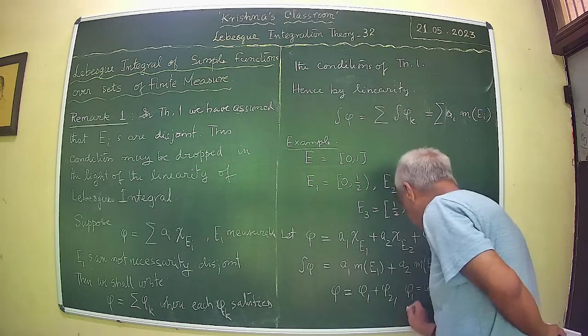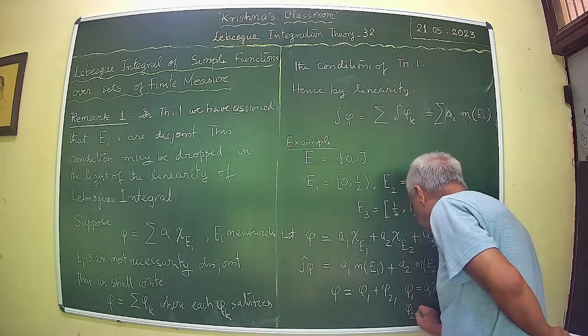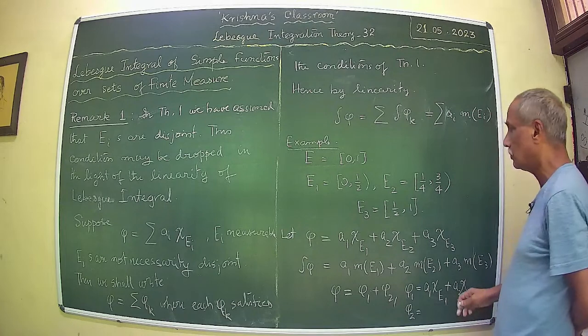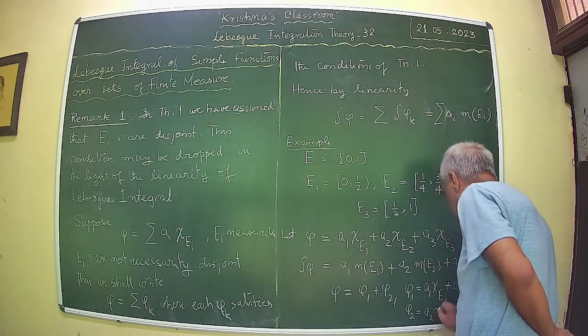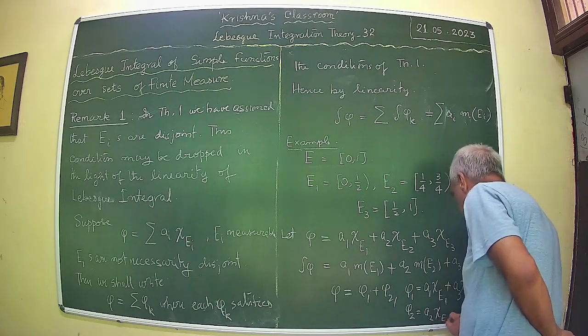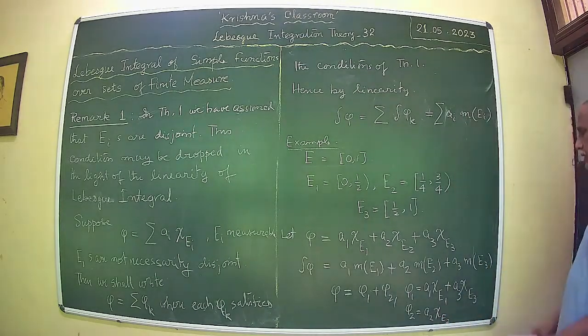Now phi 2 you take as A2 chi E2. Now you see that E1, E2, E3 are all measurable sets.